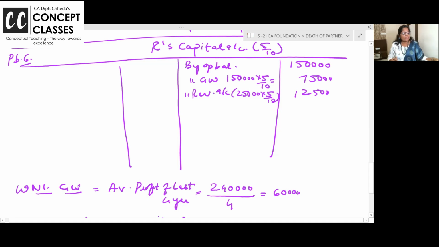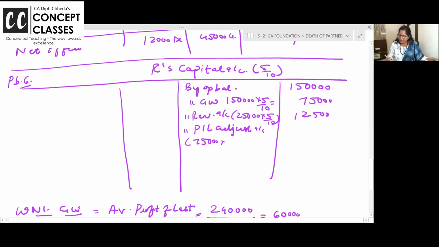Now to give him the profit of the current period, take last year's profit as base. Let's write it as a P&L adjustment account. What was last year's profit? 75,000. How many months' profit do you have to give? December is the date and he died on 1st May. T. Arey, I have been writing R's capital account. It's T, no. Oh, so the share will also change.